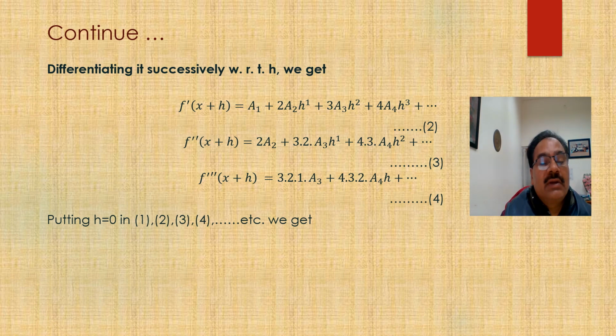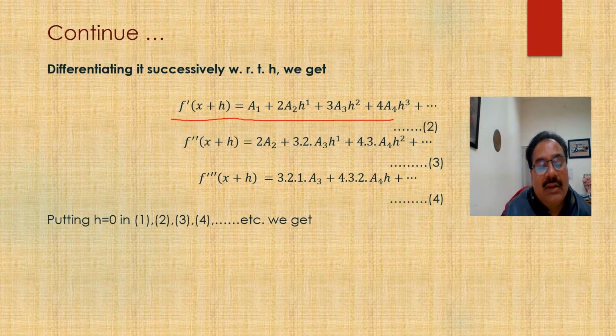Now, differentiating this expression successively with respect to h, we may write f dash x plus h is equal to a1 plus 2 a2 h plus 3 a3 h square plus 4 a4 h cube and so on.